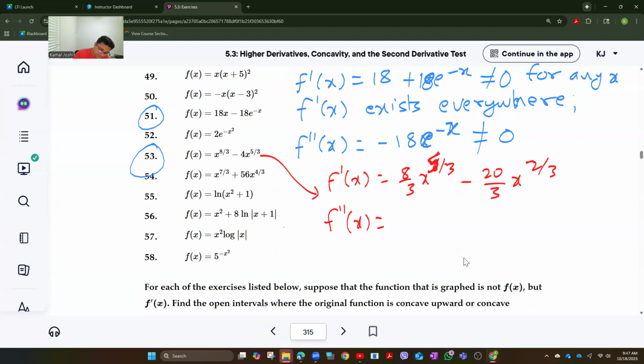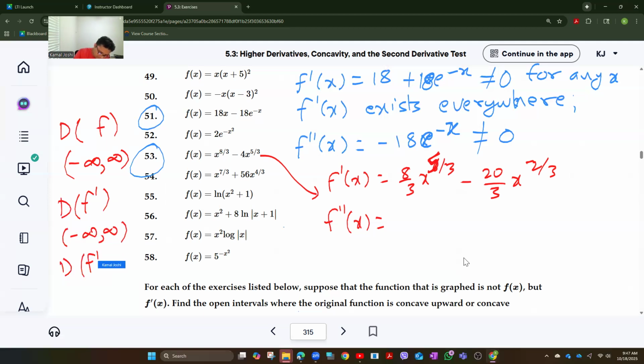The domain of f is minus infinity to infinity. The domain of f prime is also minus infinity to infinity. Let's talk about the domain of the second derivative.